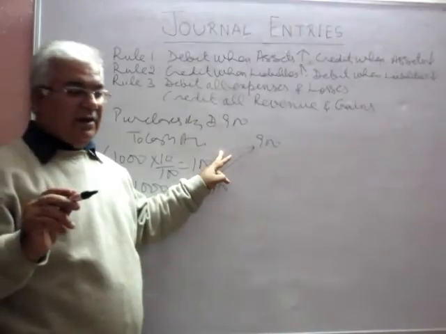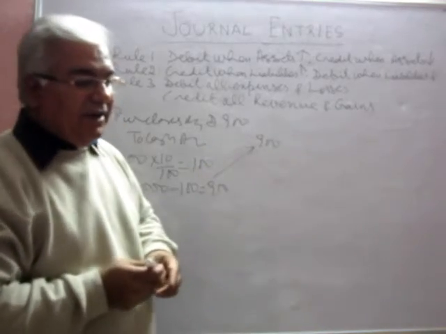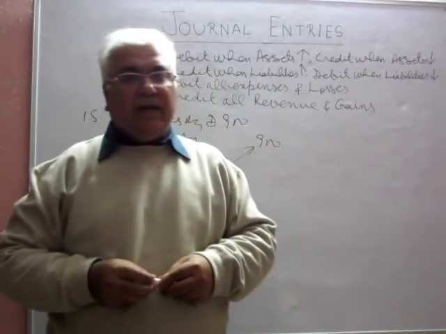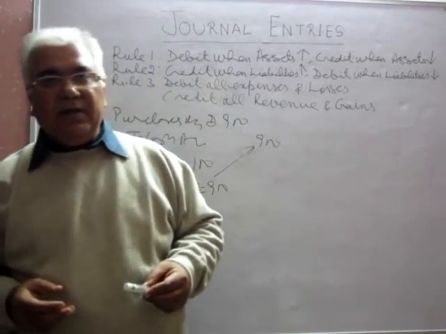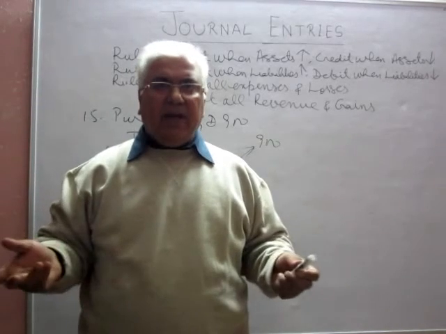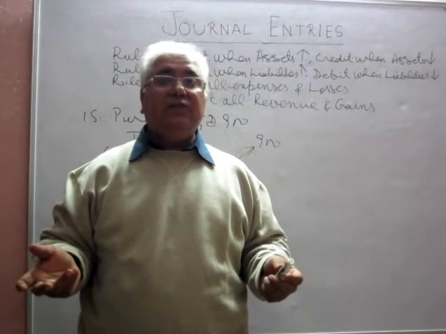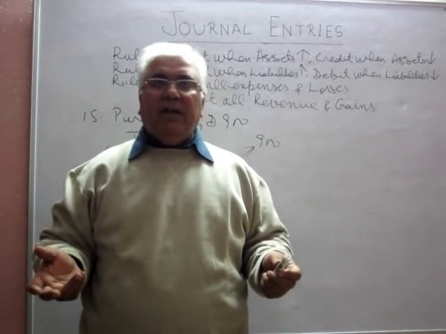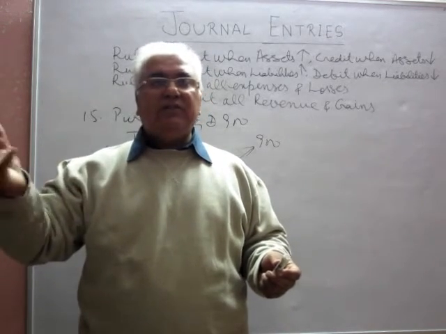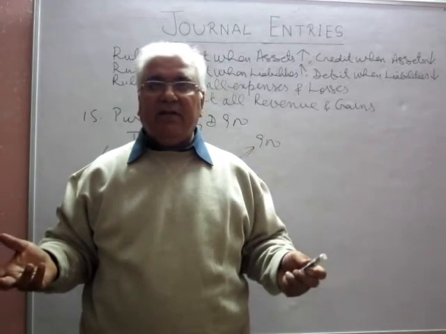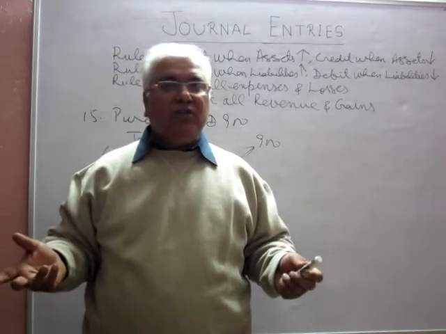Okay, right. Now our next entry is, for example, if somebody goes bankrupt, you know the meaning of bankrupt? That he is not able to meet his financial liabilities. It can happen, and in this case we have to write off his account with us. For example, if Naresh owed us 1000 rupees and he goes bankrupt and he does not pay us anything, ultimately it's a loss to us.